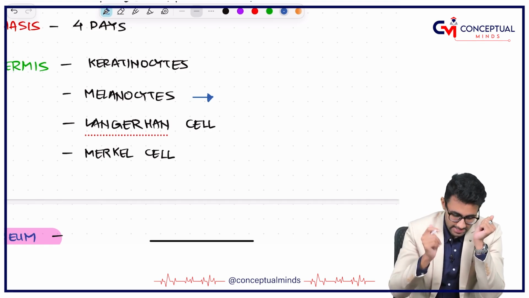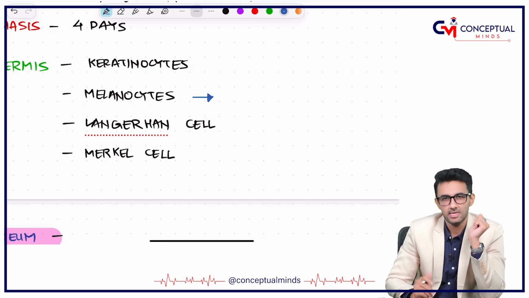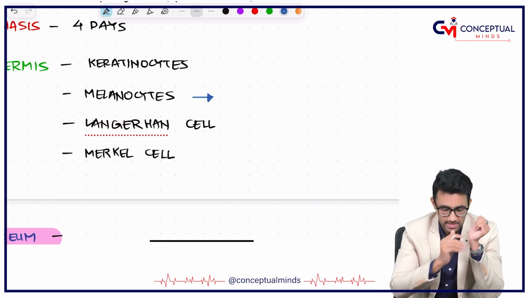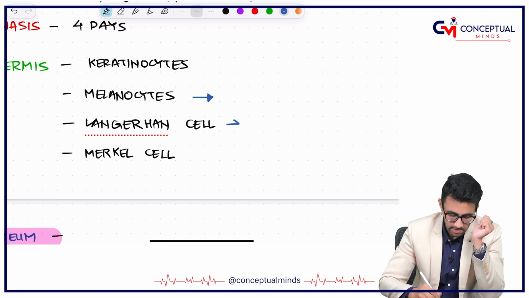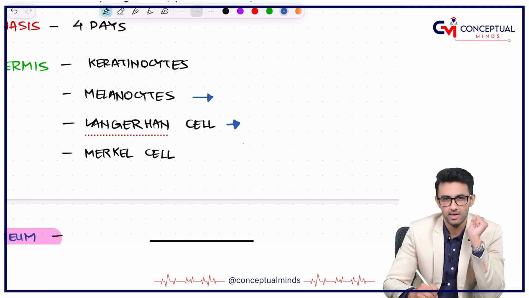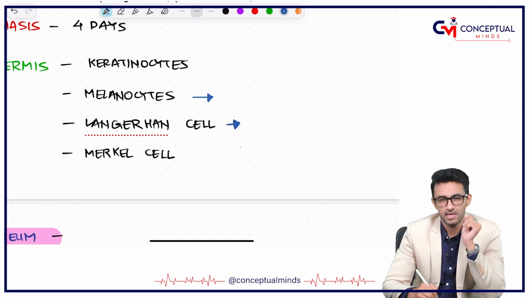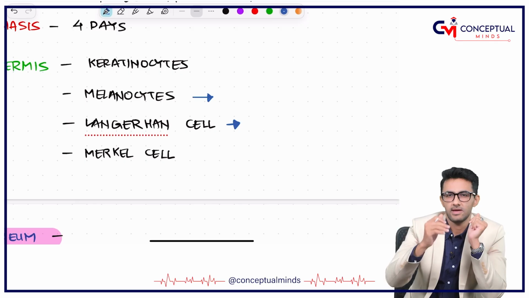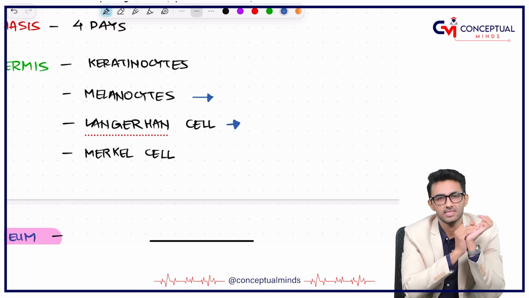Alright, the next one is the Langerhans cell. This is an APC, antigen presenting cell. We will discuss this as well. The Merkel cell is a touch receptor cell for fine touch. We will discuss this, and we will try to connect the dermatology findings with the physiology as well.